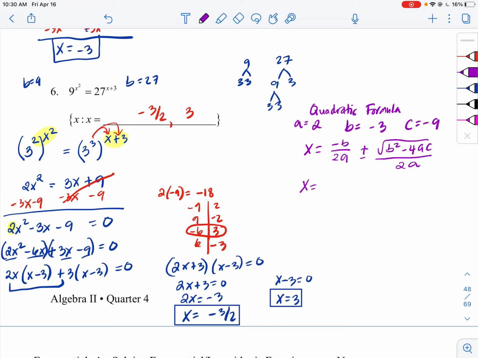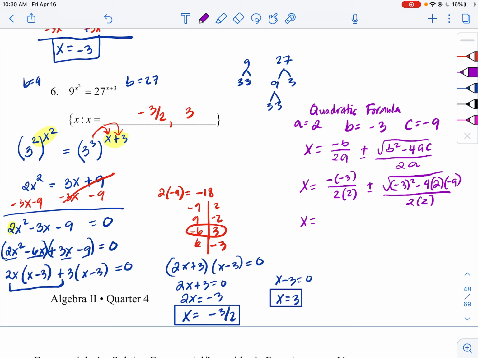So x is equal to, let's plug in, negative negative 3 over 2 times 2, plus and minus the square root of negative 3 squared minus 4 times A, which is 2, times negative 9, over 2 times 2. Okay, so this is the quadratic formula.